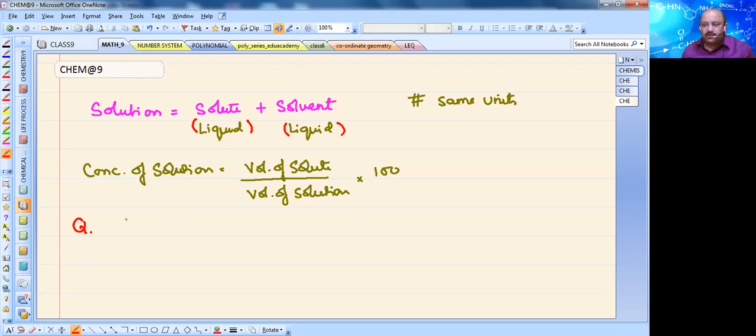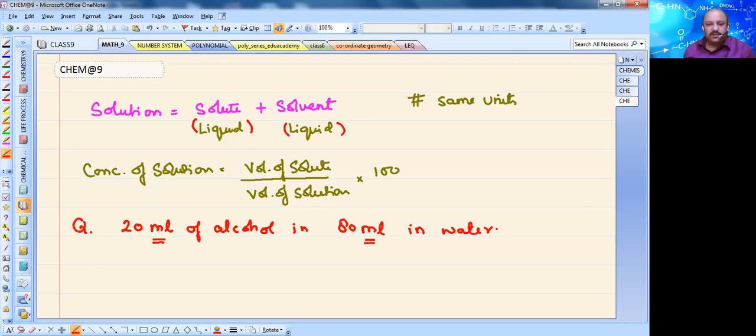In the question, for example, we are adding 20 milliliter of alcohol in, let us take 80 milliliter of water. And what we have to find? The concentration of solution. As you can see, both are in the same unit, so no issues are there.